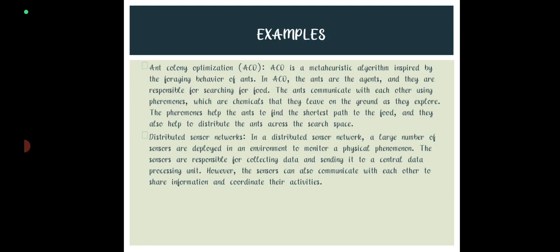However, the sensors can also communicate with each other to share information and coordinate their activities. So these two are the main important examples of the two types of distributed problem solving.